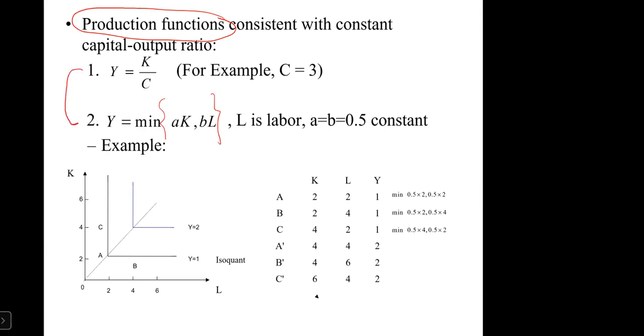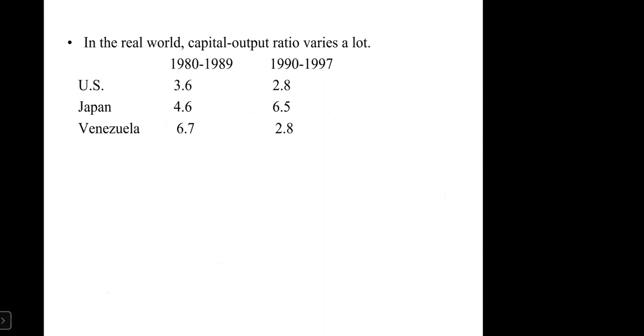And clearly, this violates reality. Look at here. Look at the same country over time, the capital output ratio changes. Look at the same time period across countries, the capital output ratio varies. Okay? So that just tells us this may not be a good theory, or we need to move forward.